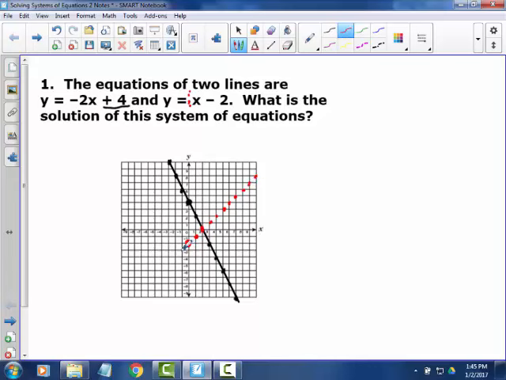Or we can go down 1 and to the left 1. All right, and we go ahead and draw our line through.